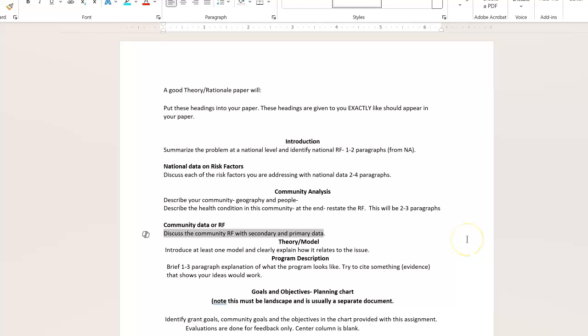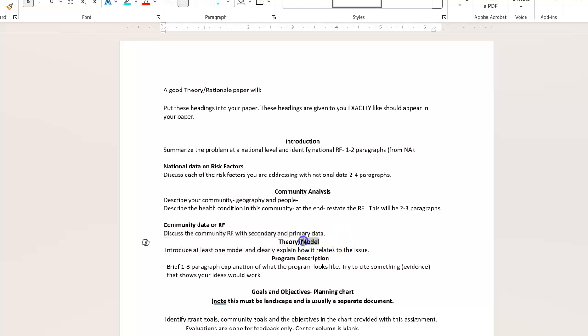So if socioeconomic status is one of your risk factors, you're going to discuss that data of your community compared to another group to show that your community has greater need. You'll discuss one risk factor with secondary data, and then you will describe how you're gathering primary data. The more secondary data that you have for a risk factor, the less primary data you will need.